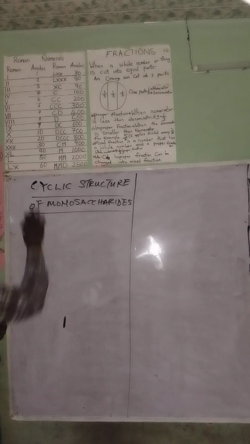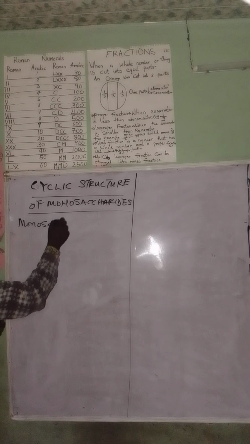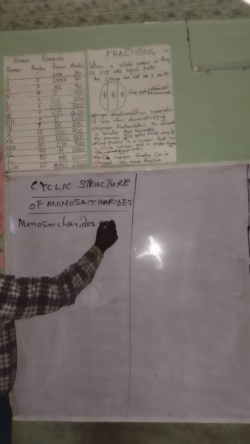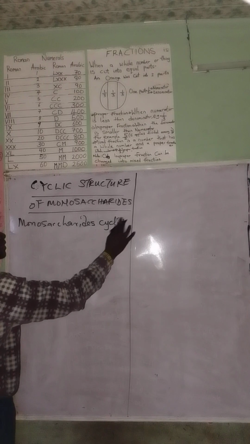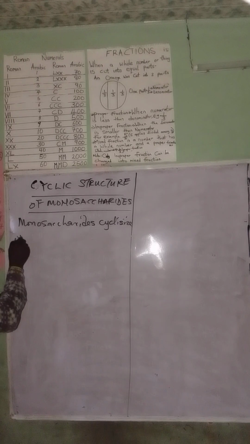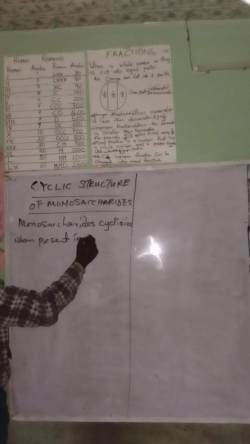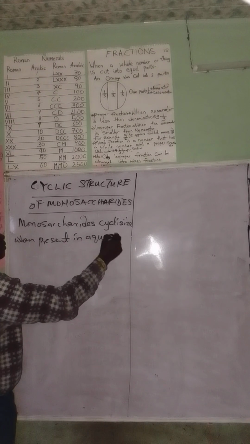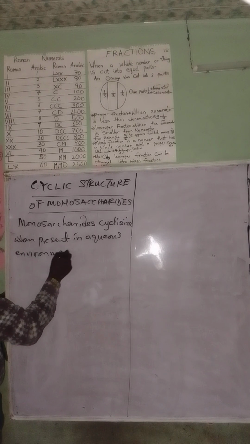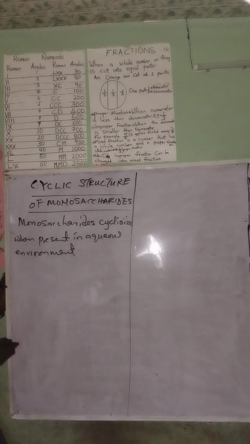I want to tell you that monosaccharides cyclicize and form a cycle when present in an aqueous environment, that is, an environment that contains water. If you pour them inside water, they dissolve in the water and they form a cyclic structure.